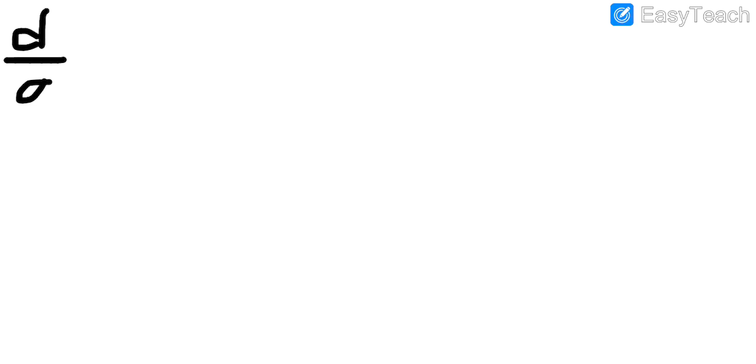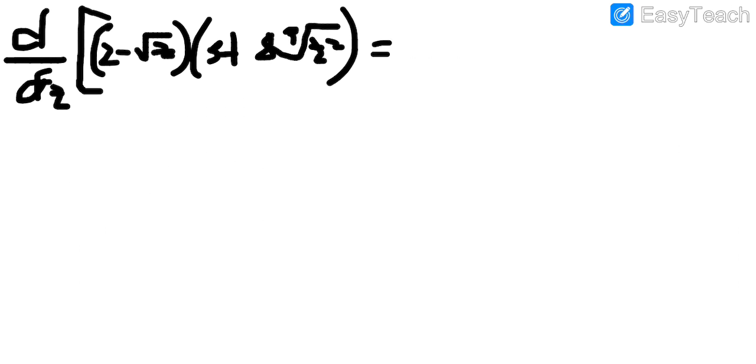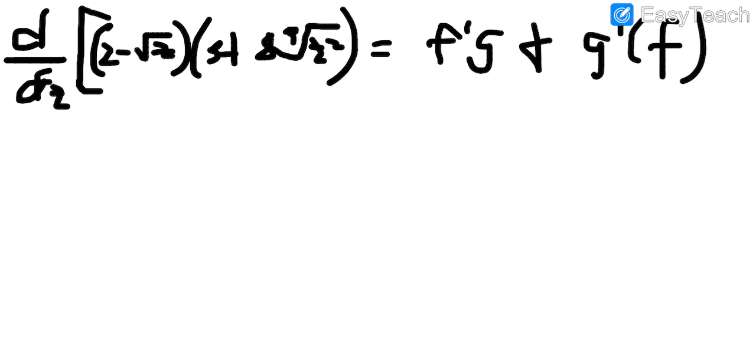The product rule states that the derivative of the product of 2 minus square root of z and 3 plus 8 cube root of z squared is equal to f prime times g plus g prime times f.